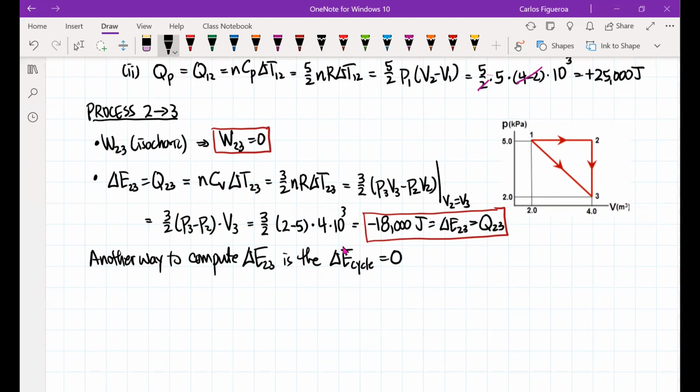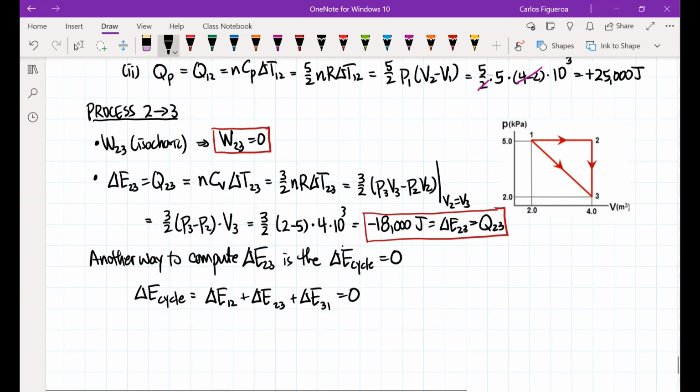In other words, if I go along a closed path, the change in internal energy of a full cycle is the change in internal energy from 1 to 2, plus the change in internal energy between 2 and 3, plus the change in internal energy from 3 to 1, and that should be exactly 0. So that means I get back to my initial state.